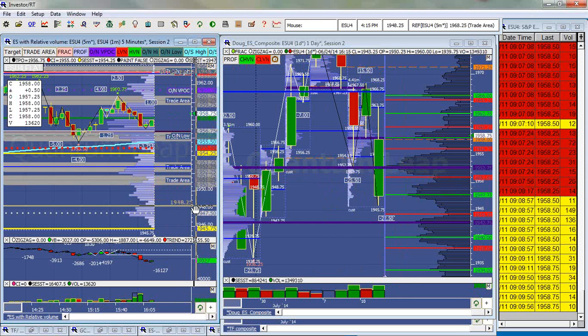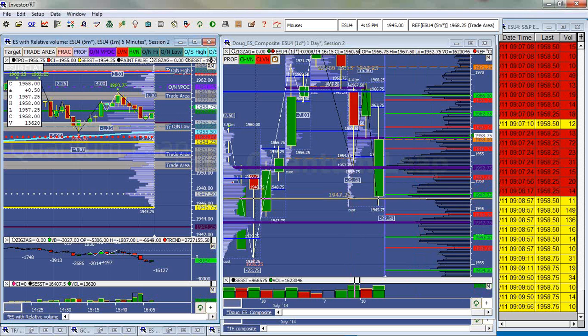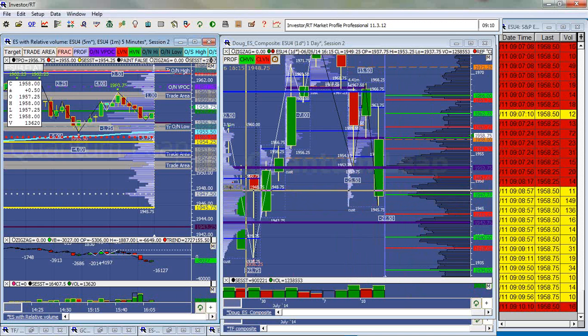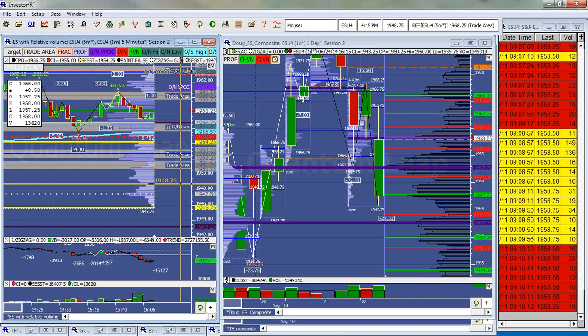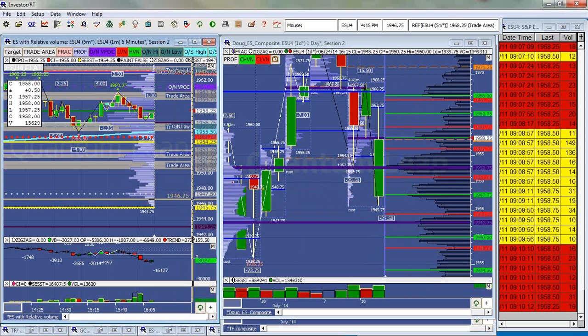If we break below that 51, the clear target below is this. You've got two targets. You've got 48.75, but really I'll be looking at this 47.75. The 48.75 is an LVN, but you've got the open down here at 47.50, and the key CHVN here is 47.75.